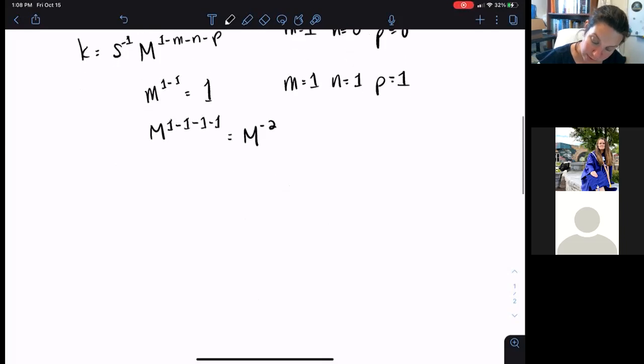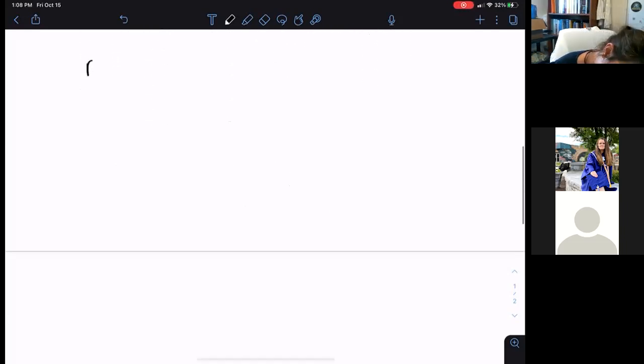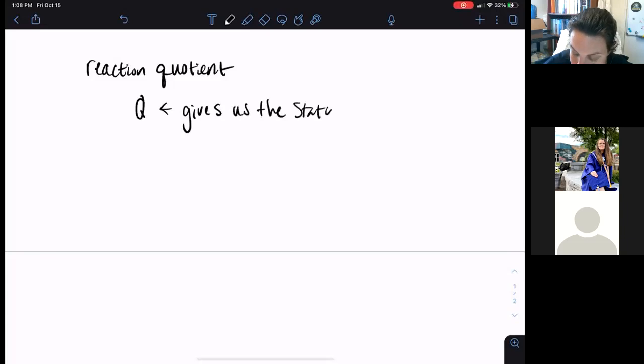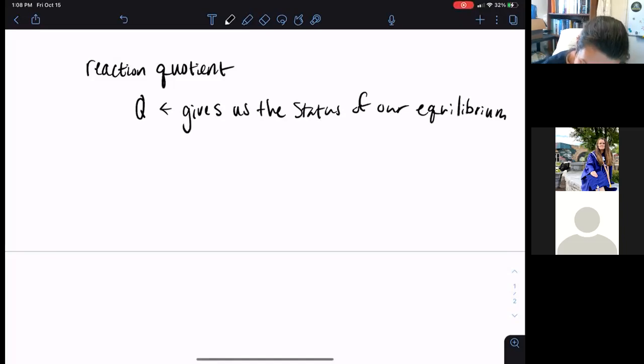So we were looking at the reaction quotient, which is our Q, right? And our Q essentially gives us the status of our equilibrium process.